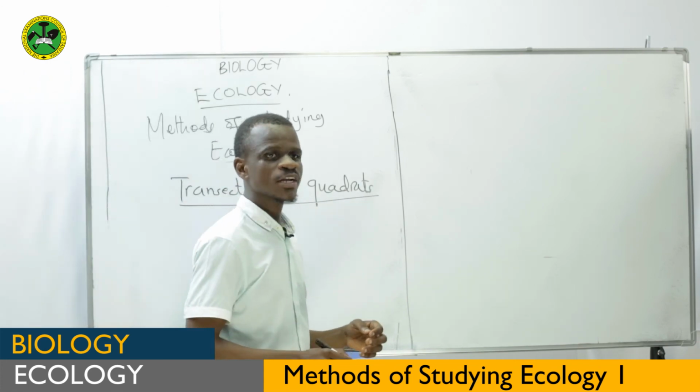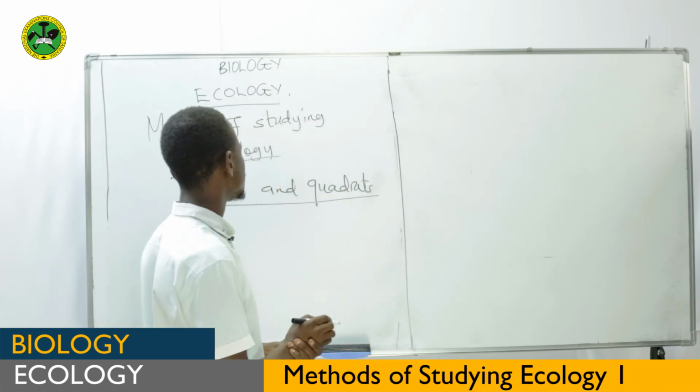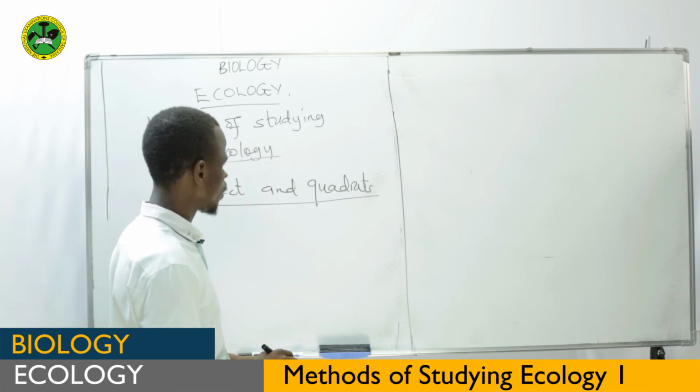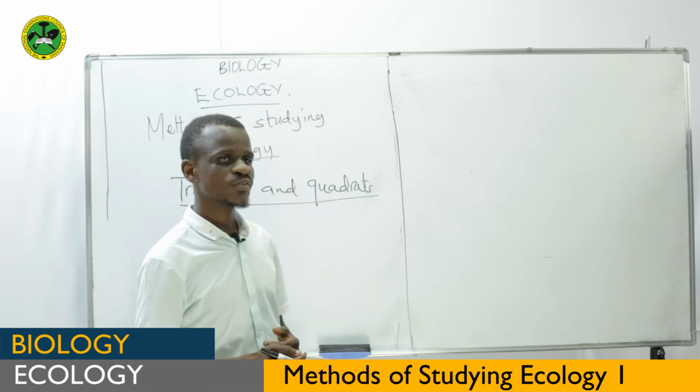We will learn how we can use a string to record the occurrence of organisms in an ecosystem, and also how we can use a quadrant. A quadrant may be a frame, maybe a pin frame, maybe a permanent quadrant. In the next lesson, we will see also how to calculate different aspects of species distribution: species frequency, species density, species cover.